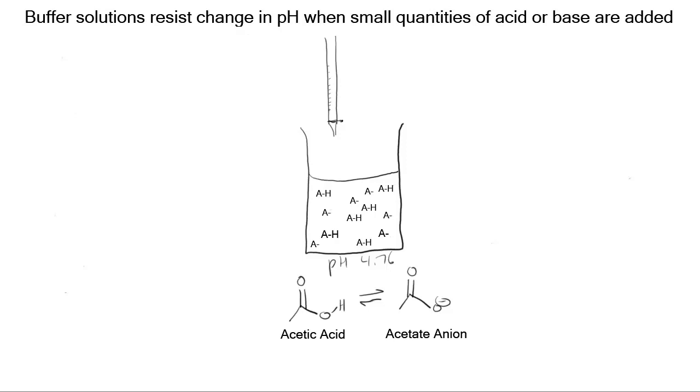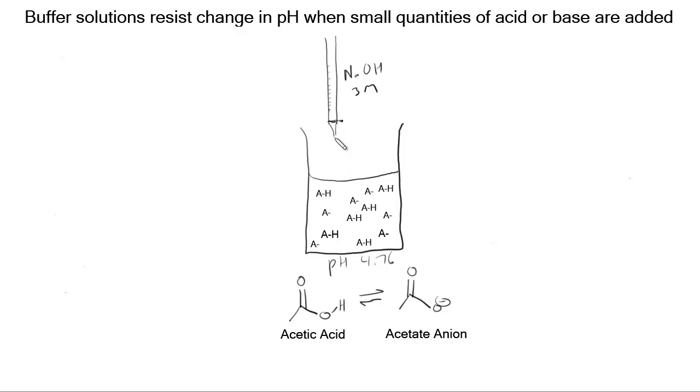If we add a strong acid or strong base, this buffer solution can resist change to that pH. Let's add a sodium hydroxide solution, so a strong base, and let's say a 3 molar sodium hydroxide solution, to our buffer solution and see what happens.